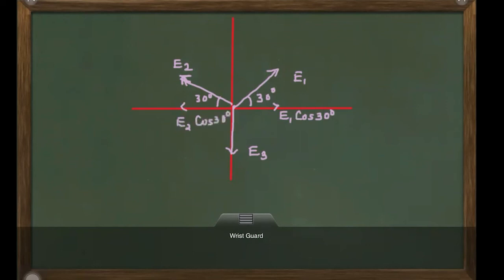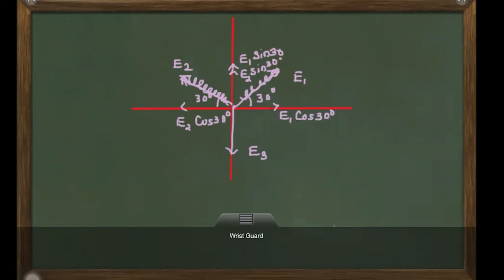Now in this direction, here will be E1 sin 30 degree, and E2 will also have its vertical component in the same direction. So E2 sin 30. And now the vectors that are resolved will be omitted from there. So these are not now in the picture.